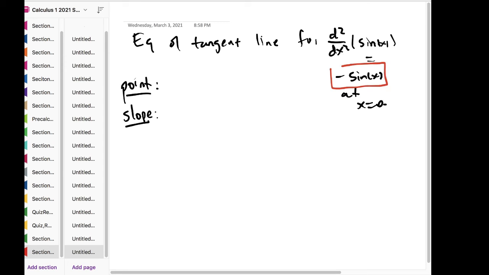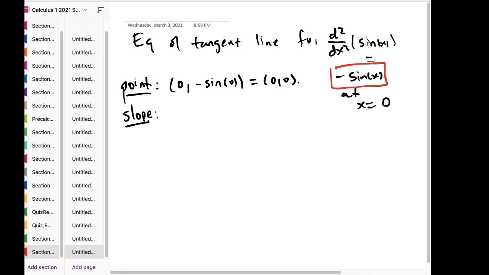What's the point I can use? Yep, 0, 0. Right, negative sine of 0 is 0.